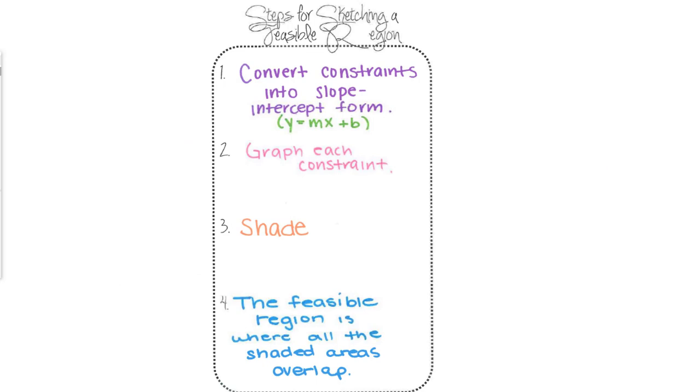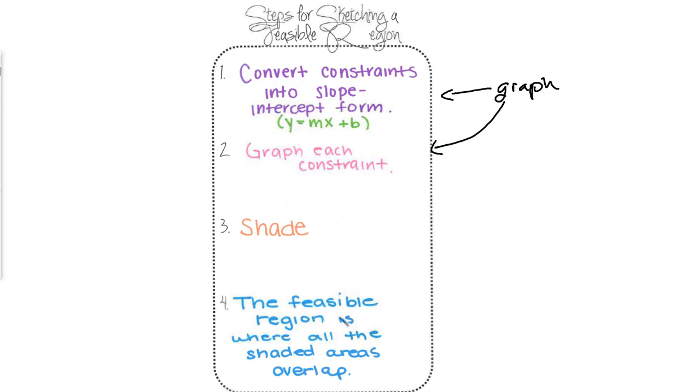For sketching your feasible region, I recommend converting your constraints into slope-intercept form. You can also use point-slope, or find 2 points, or find the 2 intercepts and plot it. Basically, we need to get it into a graphable form so that you can graph it on the next step.